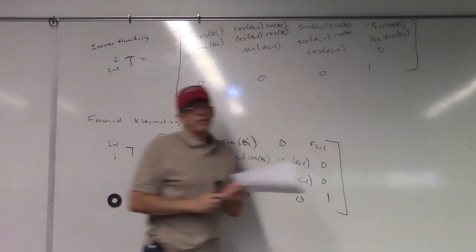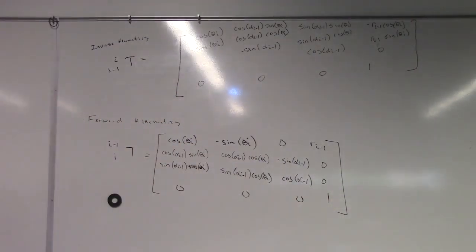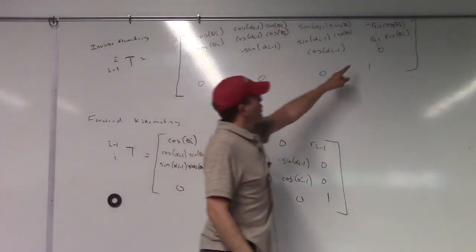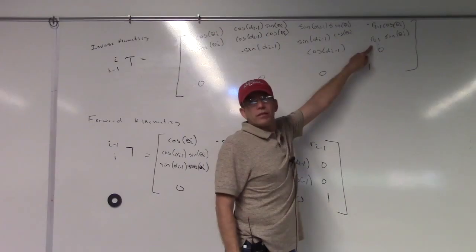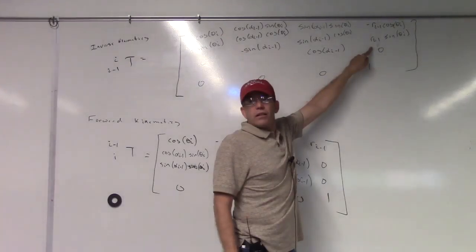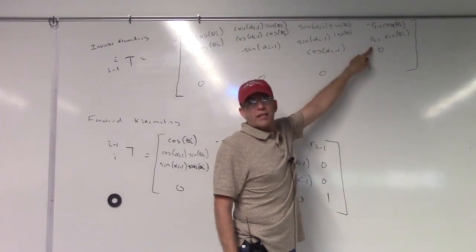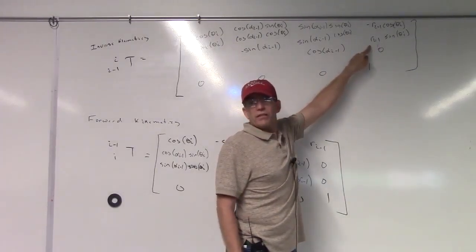And this makes sense because why aren't we seeing alpha have any influence on the translation? Alpha is on or about the same axis that r is moving in.